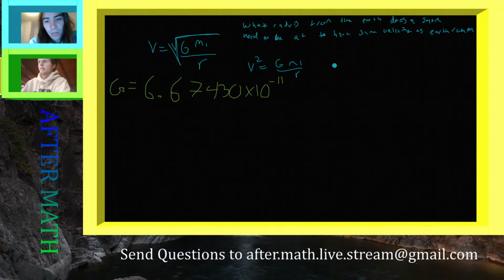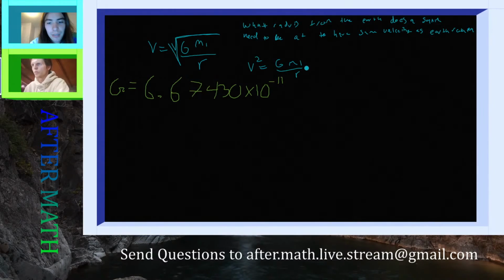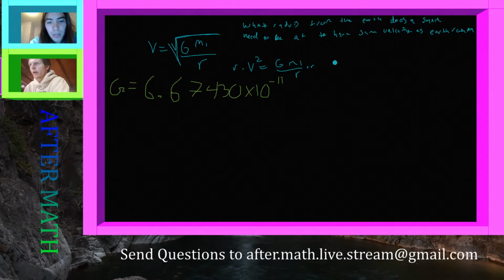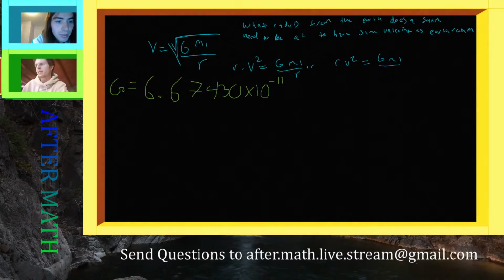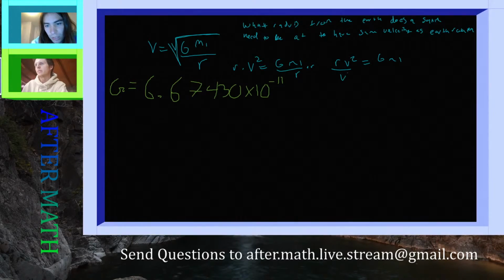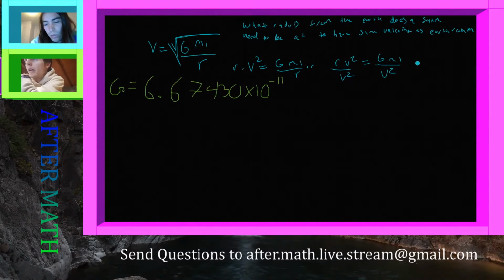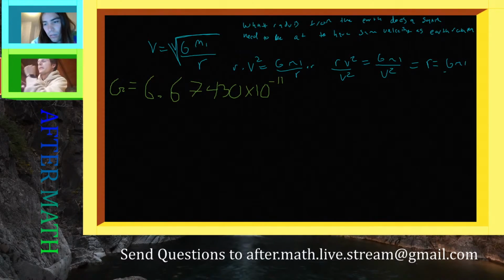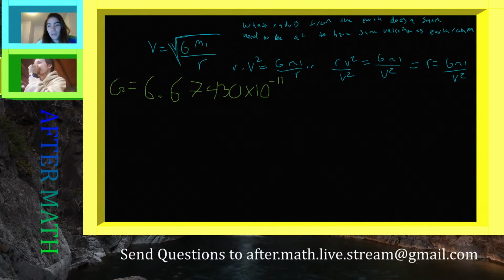Then we multiply both sides by r, and we get r v squared is equal to G M1. Then we divide both sides by v squared, and we get r is equal to G M1 over v squared.